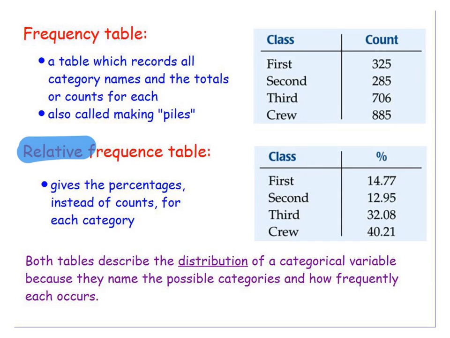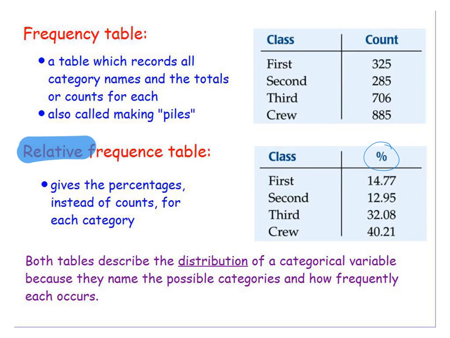So it's still the first class, second class, third, and crew, but instead of having counts, as you can see, the table heading right here is percentages. And one important thing that does come with a relative frequency table, these percentages should add up to 100% if the data is accurate.